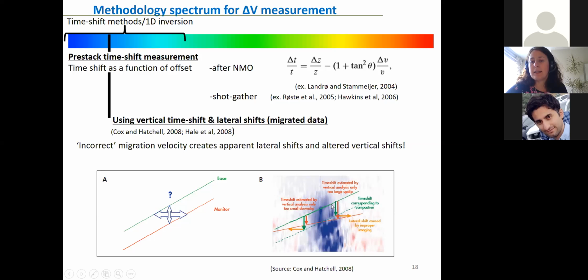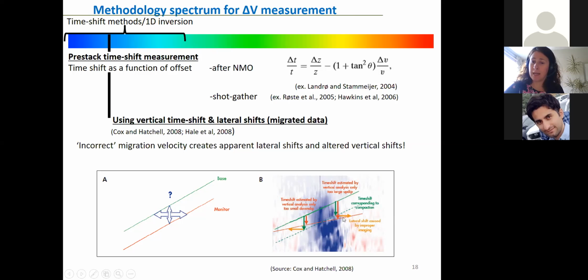So if you look at this diagram here, what they observed is this was a dipping field, and they looked at time shifts, and they said if you go down dip, then your estimated time shifts are smaller than the vertical time shifts up dip. The reason for that is that bad migration causes apparent lateral deformations that are then eating up some of this vertical time shift, so that now you get a smaller apparent vertical shift.